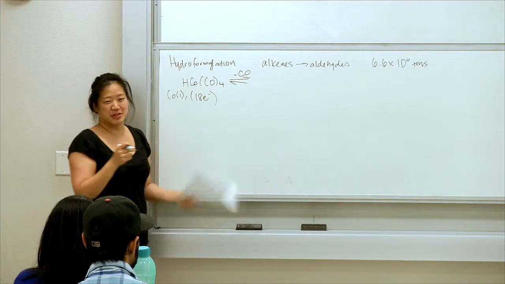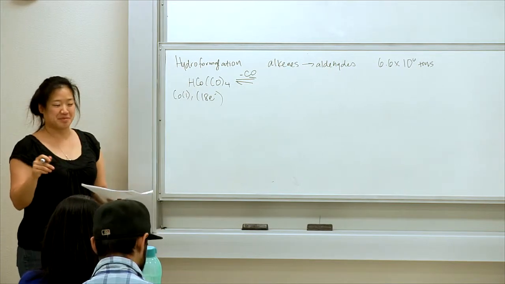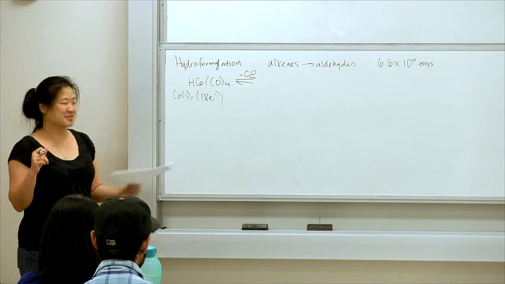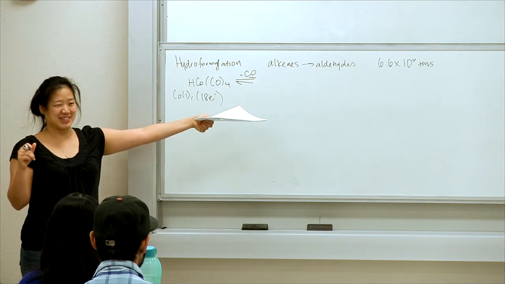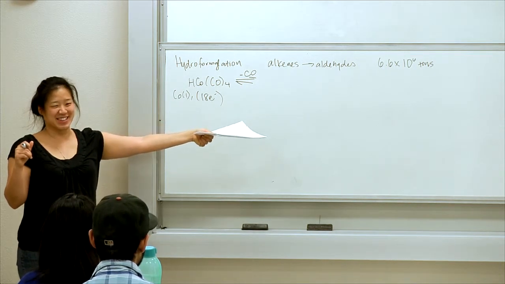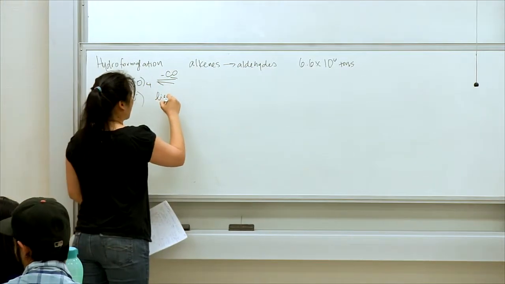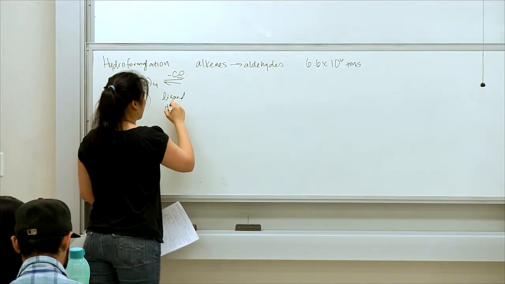This step, losing a CO. What happens when you lose a ligand? What is that called? Ligand dissociation. That's a reaction that we've discussed.